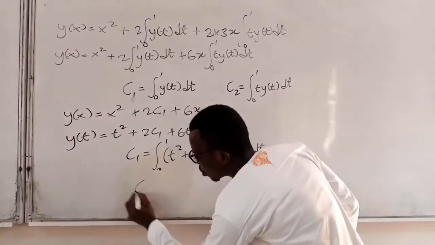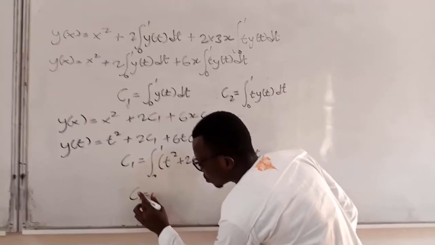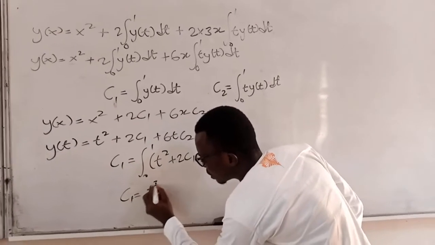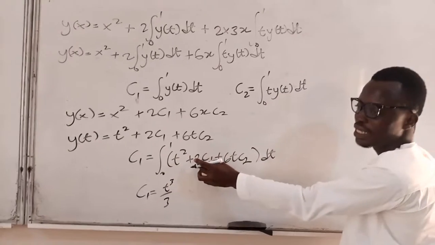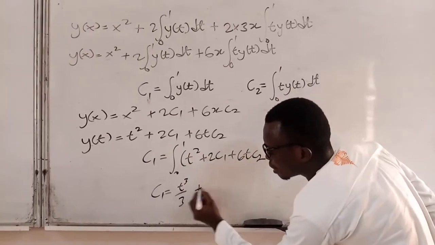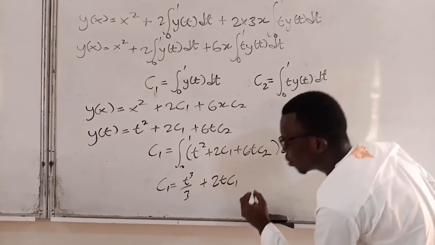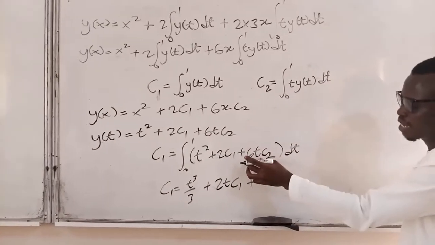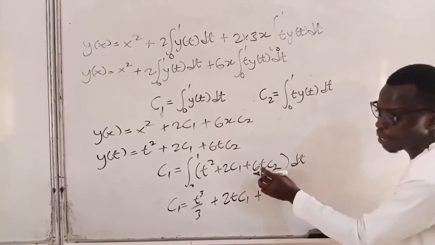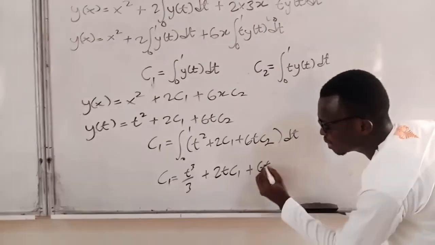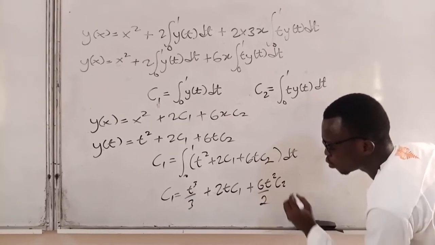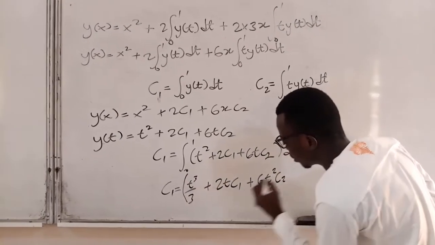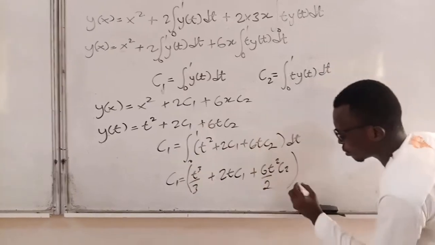So c1 is equal to t cubed over 3 plus 2t c1 plus, if you integrate this, t squared divided by 2, so 6t squared c2 divided by 2, all evaluated from 0 to 1.